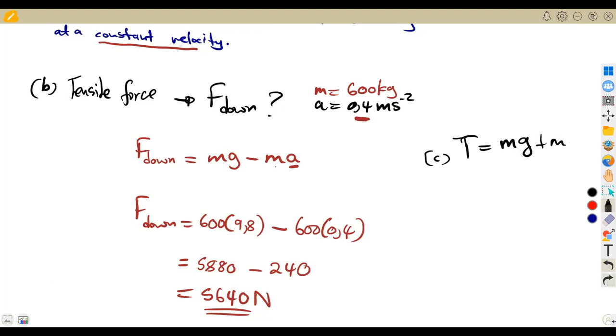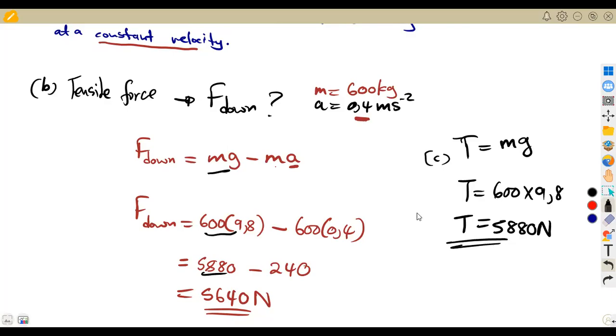It's now at constant velocity. Nothing is added or subtracted. So simply our answer is going to be mg. We calculated mg before. That was 600 times 9,8, which gave us 5,880 newtons.